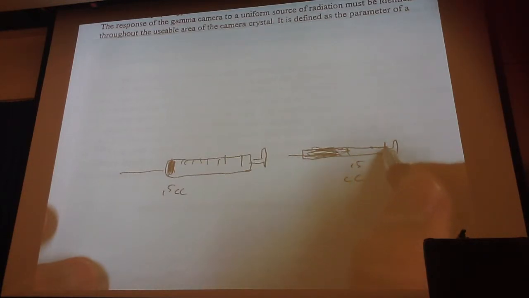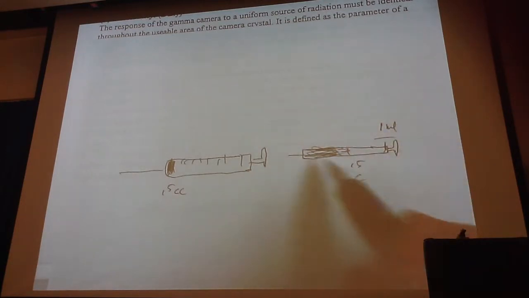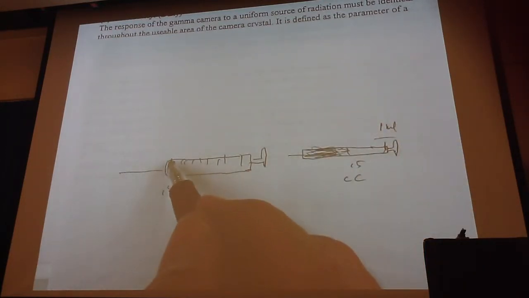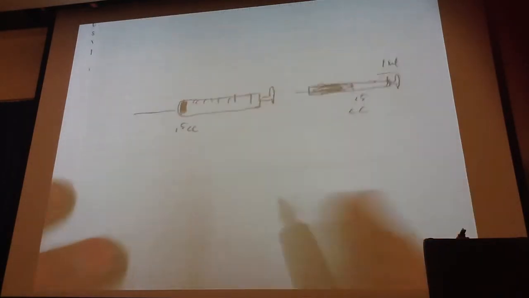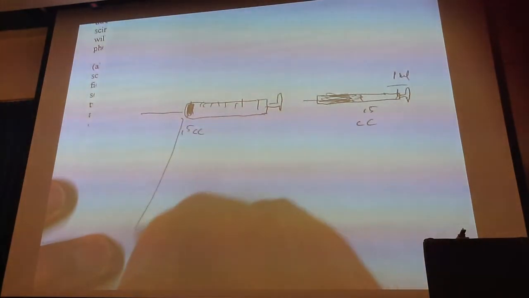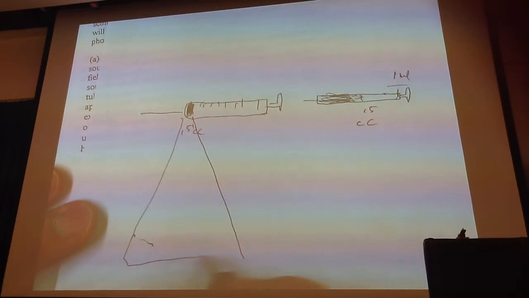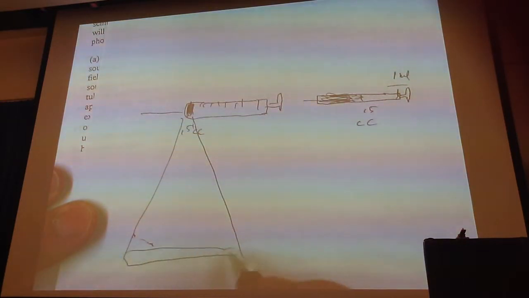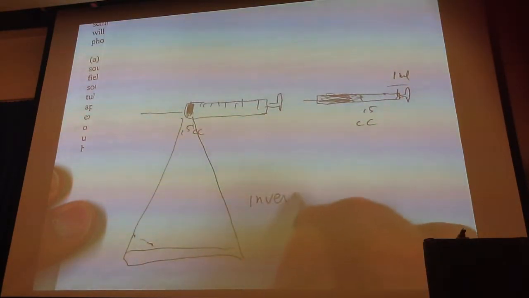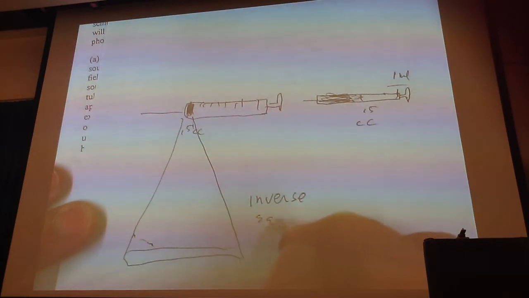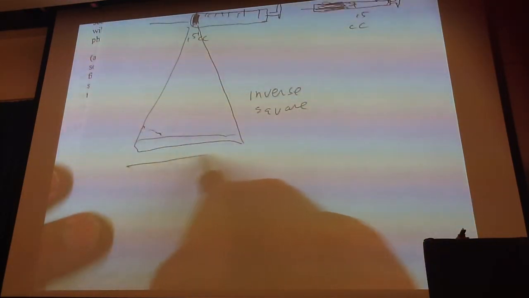Remember, these things are only 1 ml total dose. So you want to keep a very, very small source of radiation so that when it diverges out from the point, you can actually use the inverse square law to make sure that you have an adequate uniformity on your detector.